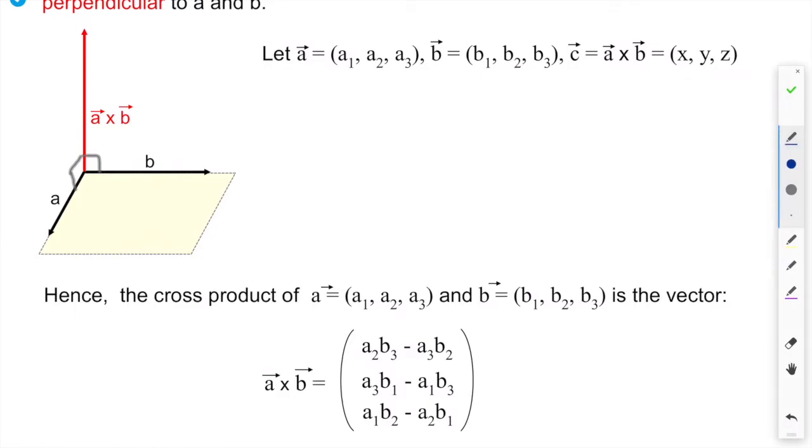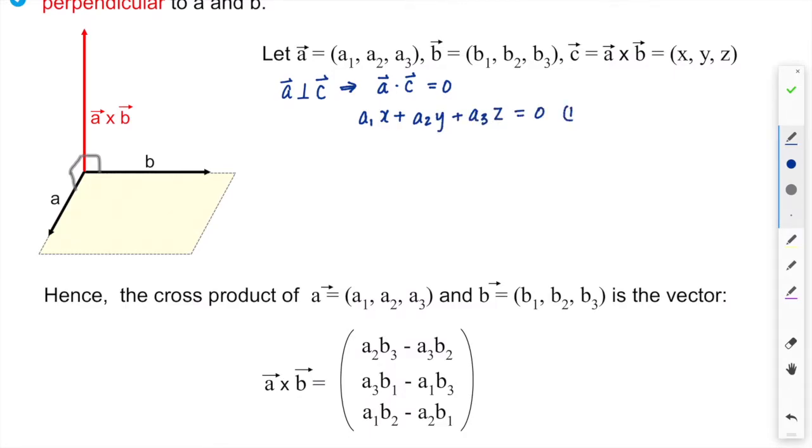Since we know that the cross product of two vectors is perpendicular to the individual vectors, I can say that vector A is perpendicular to vector C, which also implies that the dot product of A dot C is 0, right? So what does that mean? Using the components of these two vectors, I can write A1x plus A2y plus A3z equals 0.